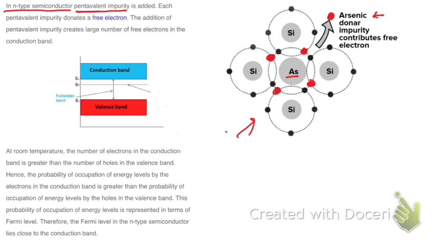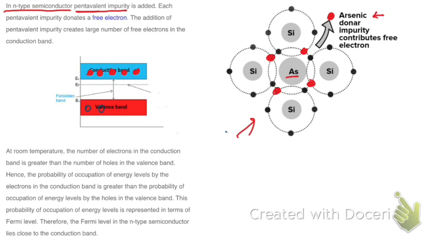So in the conduction band we get free electrons. Here you see free electrons, and the number of free electrons in the conduction band is more than the holes in the valence band. It's something like this. Suppose few electrons jump from the valence band after gaining thermal energy.